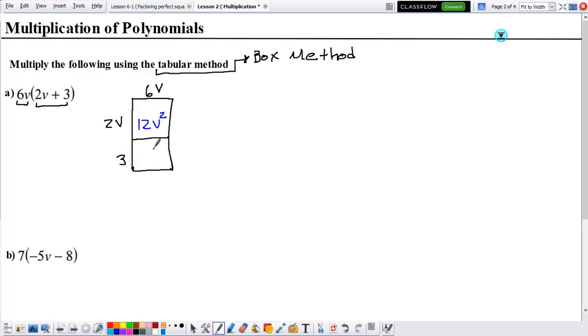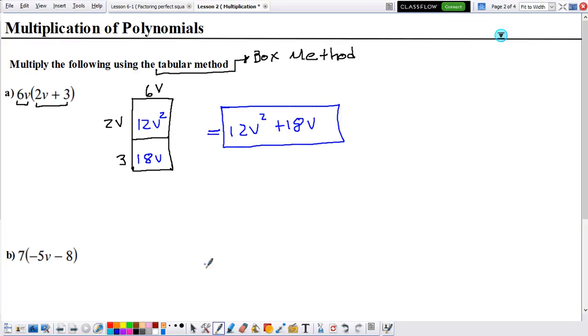To find out this number, we multiply 6b times 3, which gives us 18b. The last thing to do is write down the numbers that you found inside the box. That gives us 12b squared plus 18b, and this is your final answer.